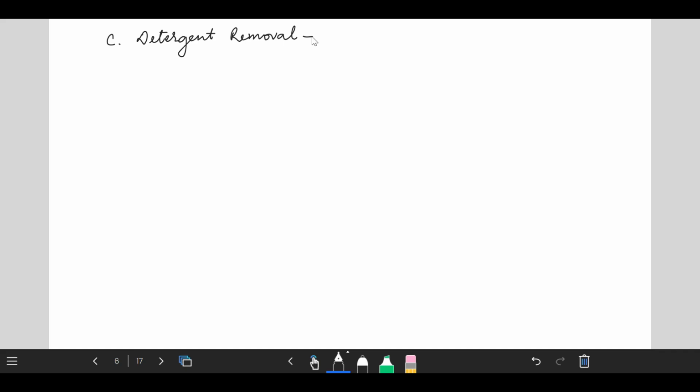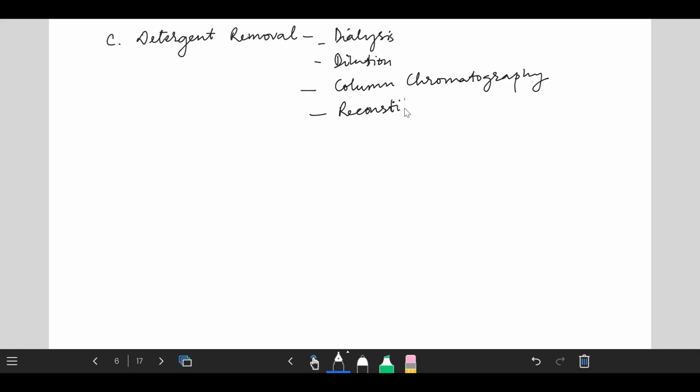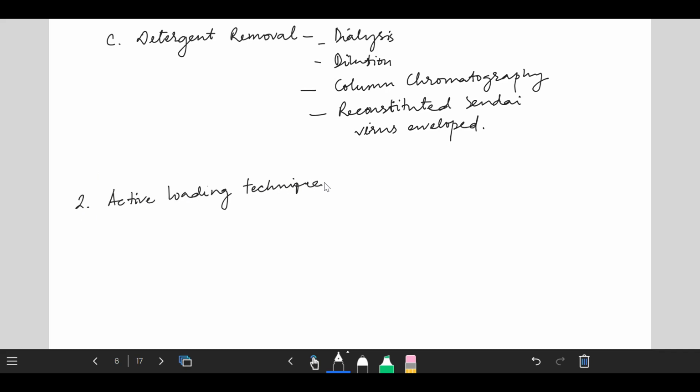Actually here, detergent removal occurs from mixed micelles by processes like dialysis, dilution, column chromatography, reconstituted Sendai virus enveloped, etc. Okay, so these are the methods, and the last one is active loading technique. It is not categorized into subcategories.